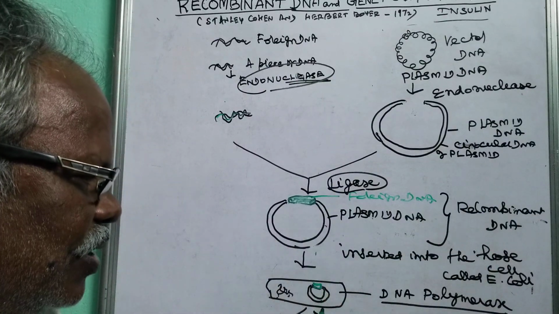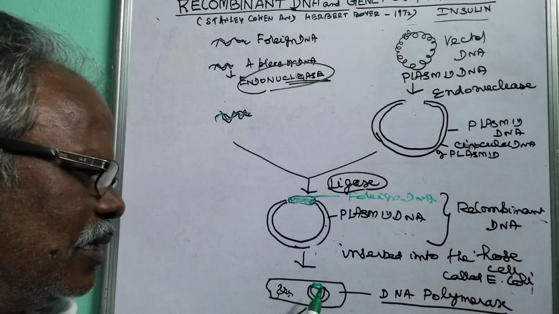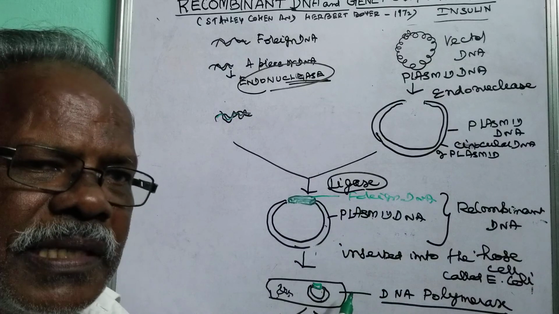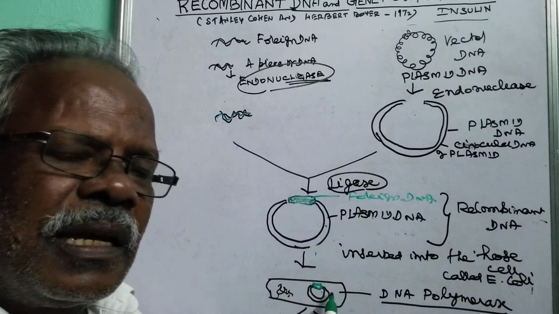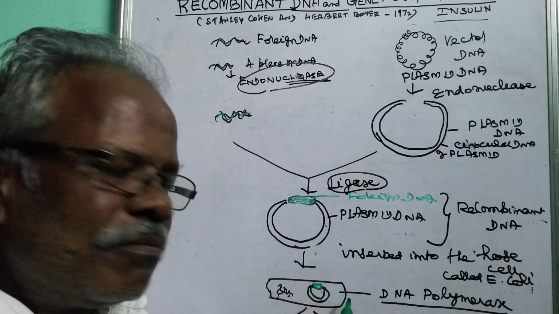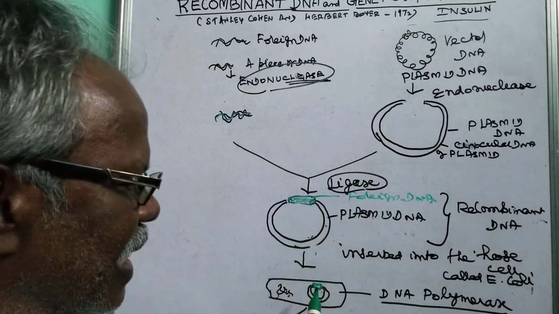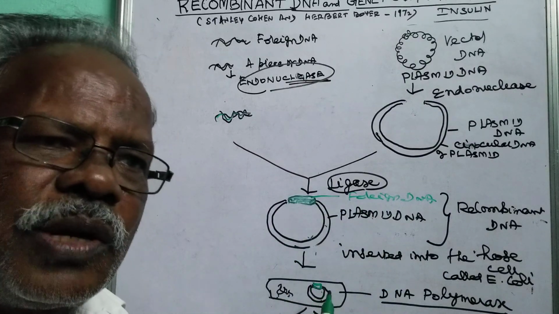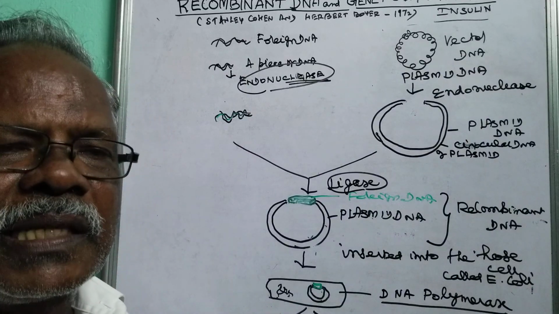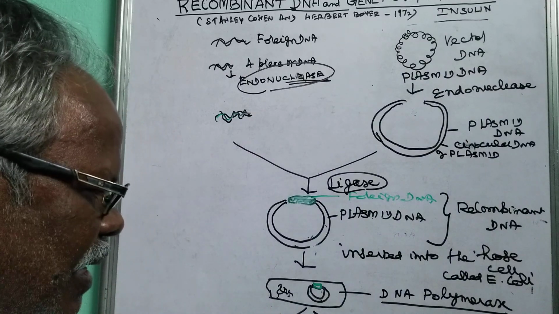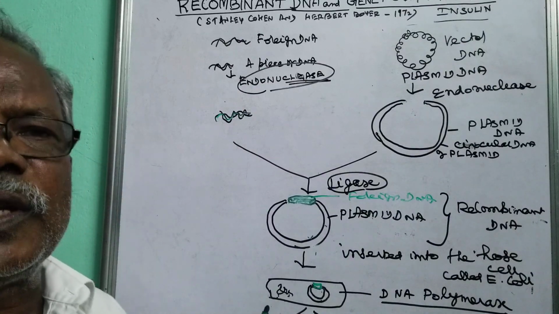Now it is inserted into the Escherichia coli, which acts as a host and contains the DNA polymerase enzyme. When the plasmid DNA with foreign DNA is inserted into the Escherichia coli host, it multiplies by the DNA polymerase many times, and we get insulin from that.